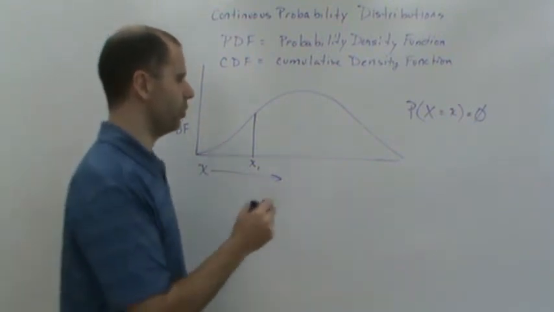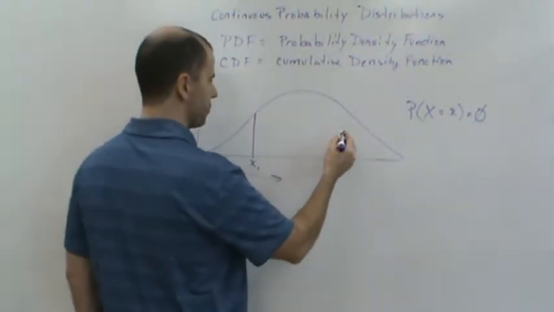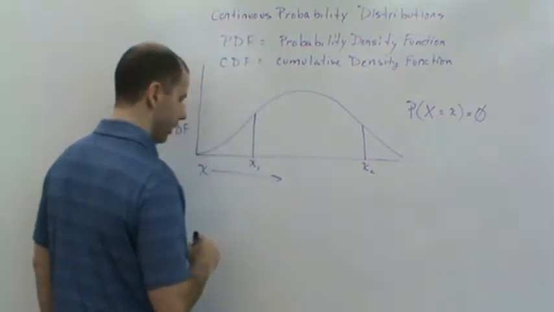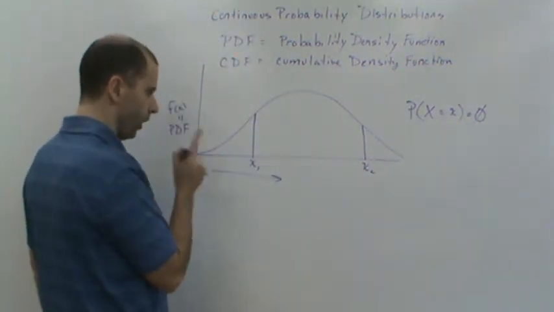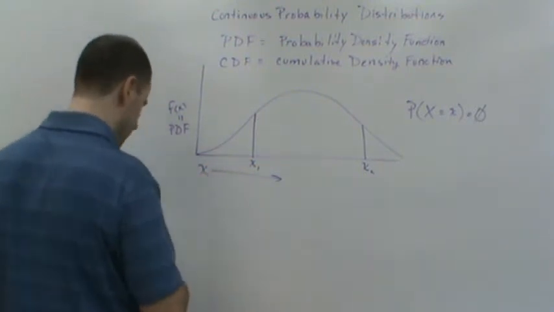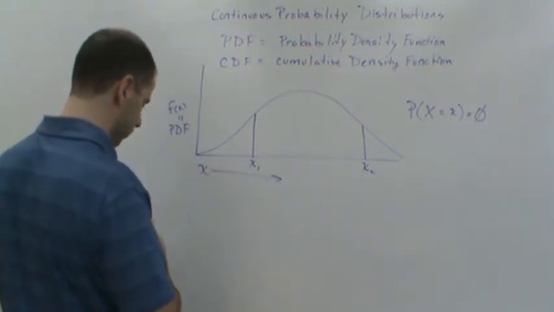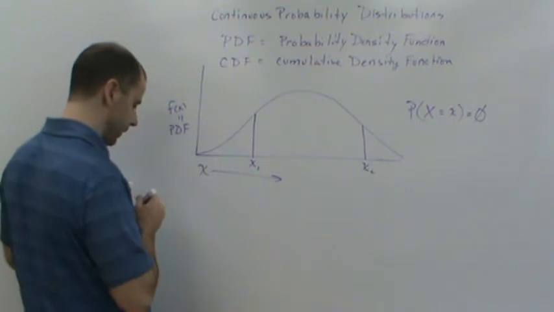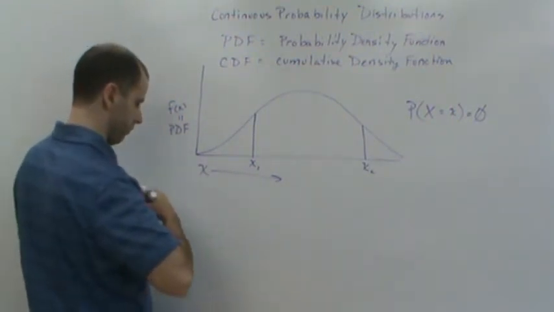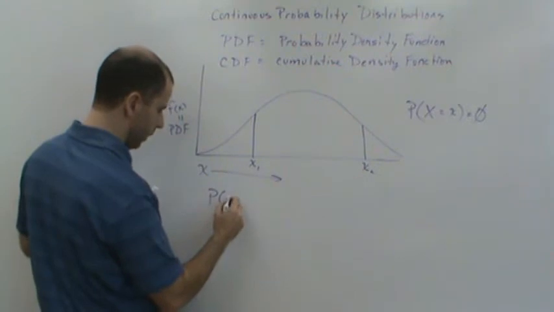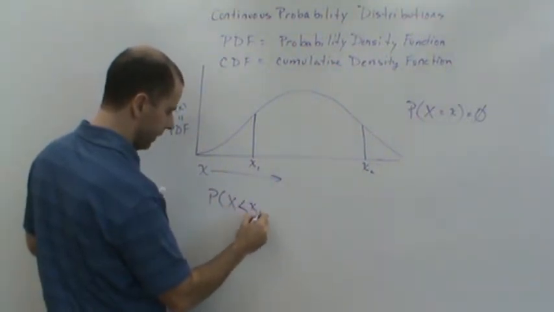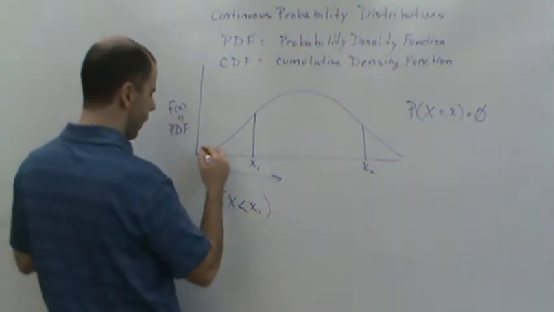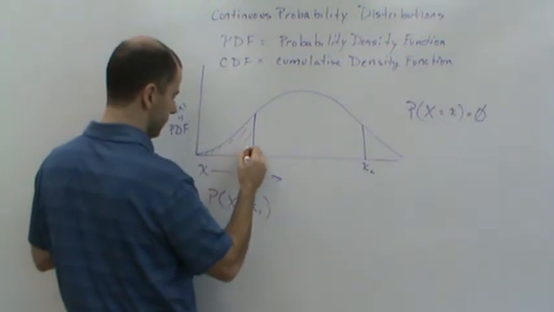Okay. The other thing too is the only questions we're going to be able to answer, and that we're going to be interested in, are questions like this. What's the probability of being less than a particular value? Okay. So in this case, if we wanted the probability that x is less than x1, let's say, then the area that we would want is this, right?